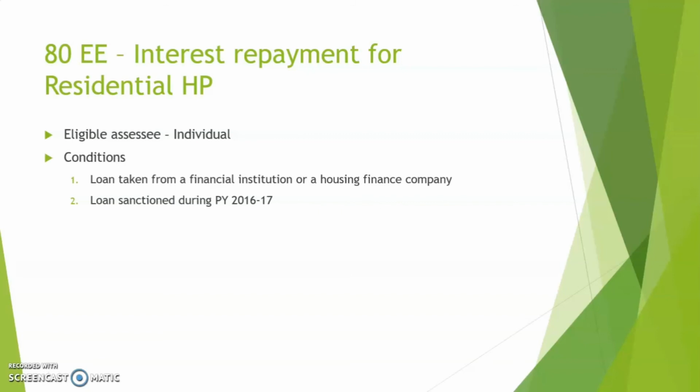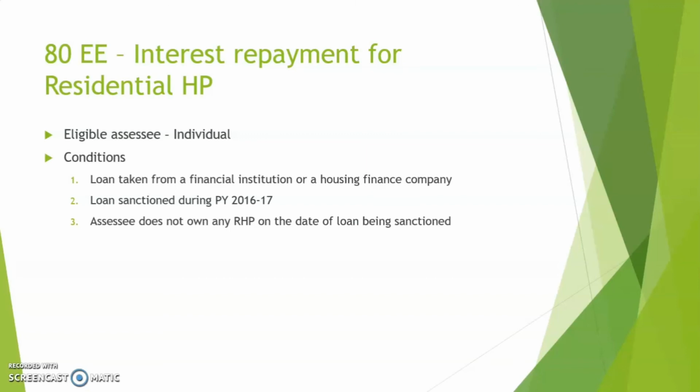That is, the loan should be sanctioned in the previous year, 2016-17, that is from 1/4/2016 to 31/3/2017. In that period, the loan should have been sanctioned by the financial institution or the housing finance company. So those are the first 2 conditions. Moving to condition number 3: on the date of the sanctioning of the loan, the assessee should not own any residential house property.